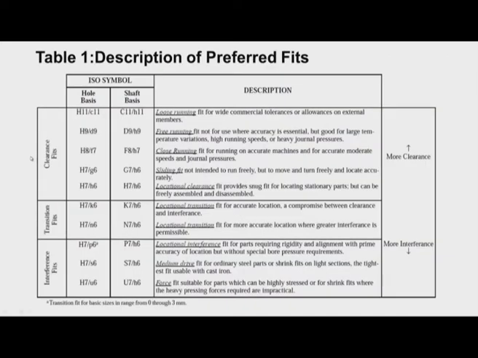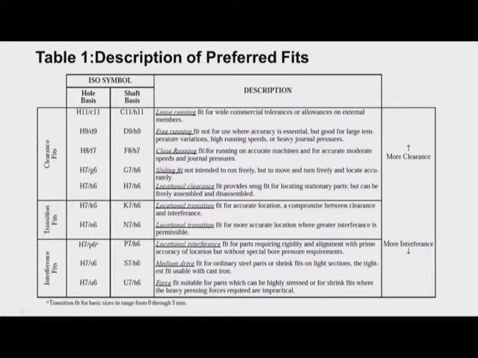Now this is a description of preferred fits, a summary of preferred fits: clearance fit, transition fit and interference fit, and depending upon what type of fit is required, whether we require loose running fit, free running fit, close running fit, sliding fit, or locational clearance fit.